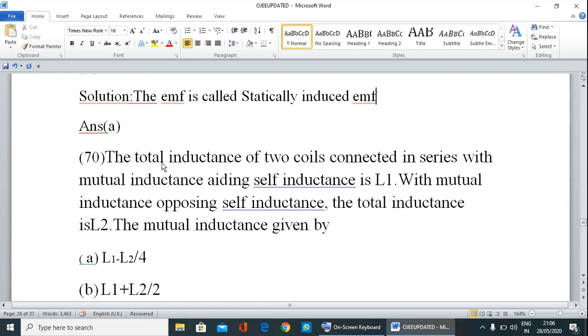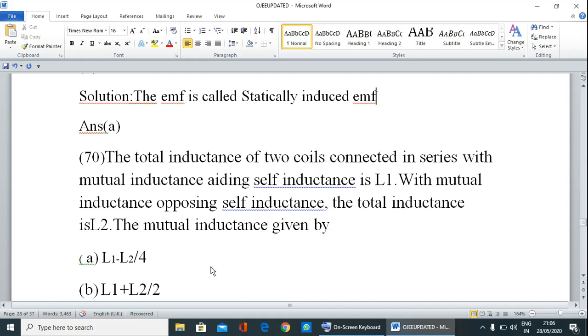Next question. The total inductance of two coils connected in series with mutual inductance adding self-inductance is L1. With mutual inductance opposing self-inductance is L2.